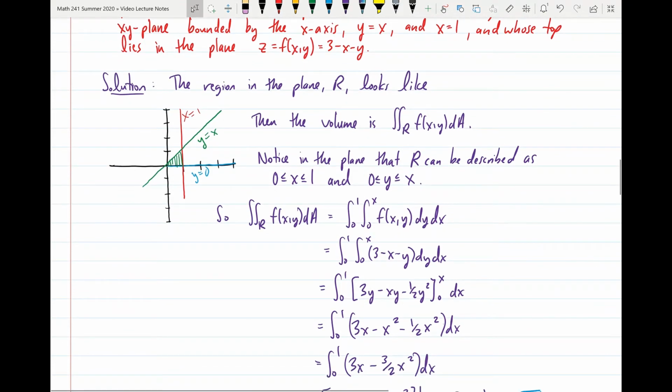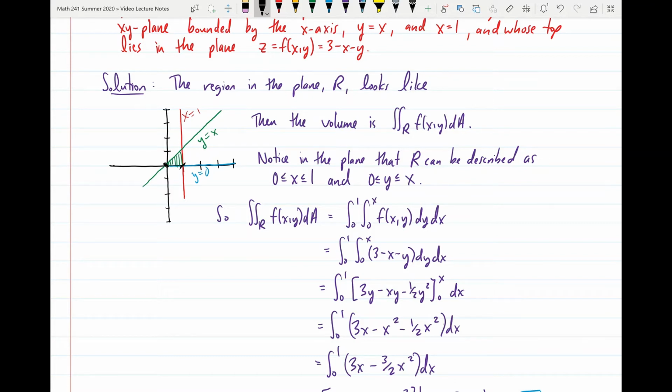And notice that our region R in the plane can be described as the region where x is bounded between 0 and 1. So we have x equals 0 over here, and then x equals 1 over where the red line intersects the x-axis, and where y is bounded between 0 and x.